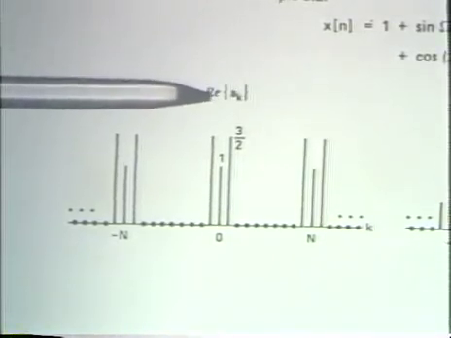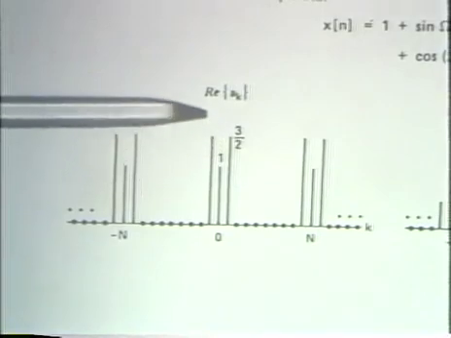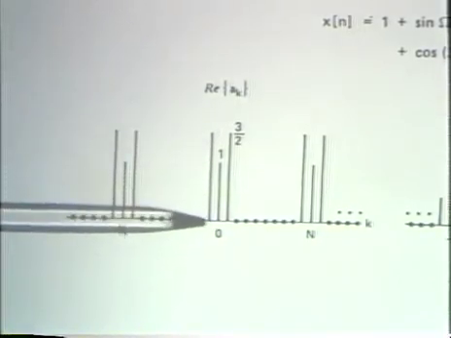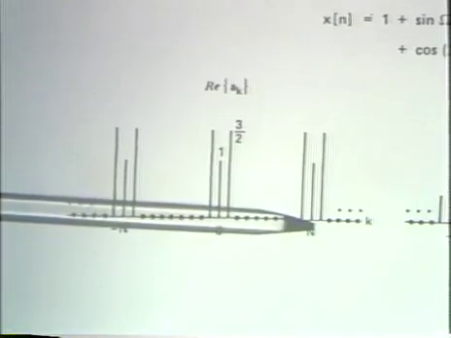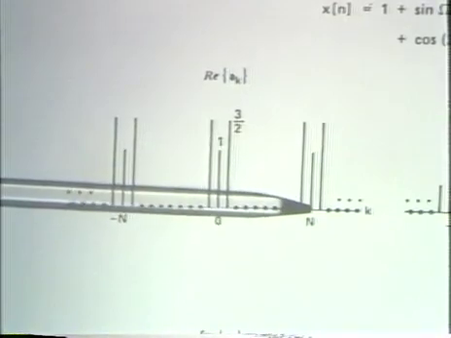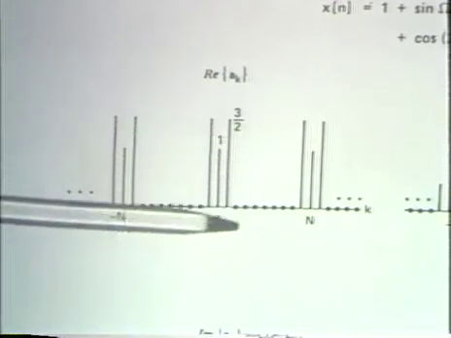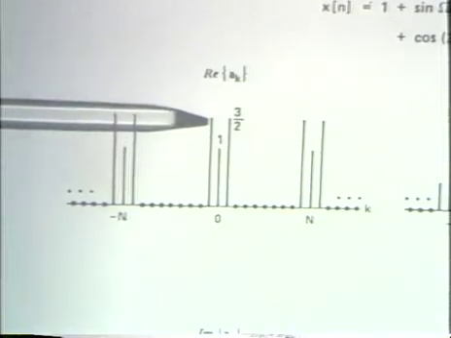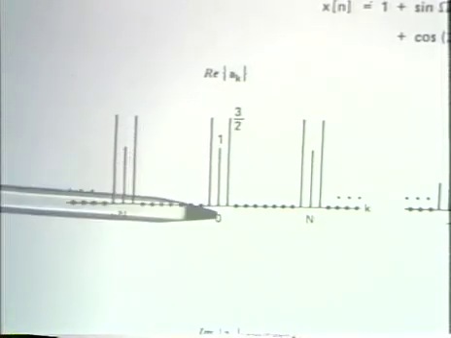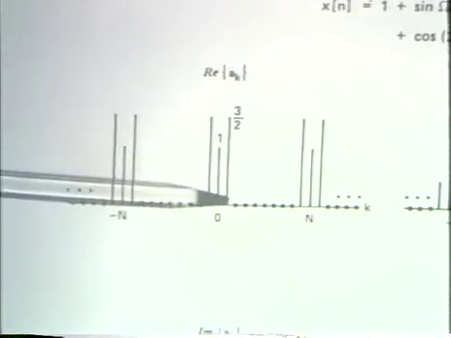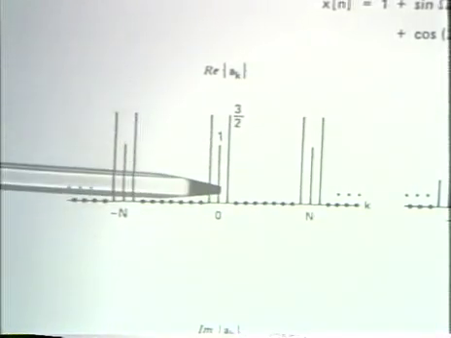And let me draw your attention to the fact that I've drawn this to specifically illuminate the periodicity of the Fourier series coefficients with a period of capital N. So here are the Fourier coefficients, and in fact, it's this line that represents the DC or constant term, and these two lines that represent the cosine term.